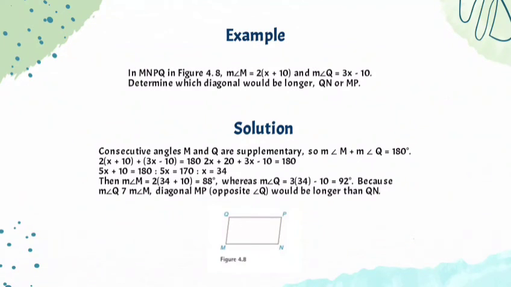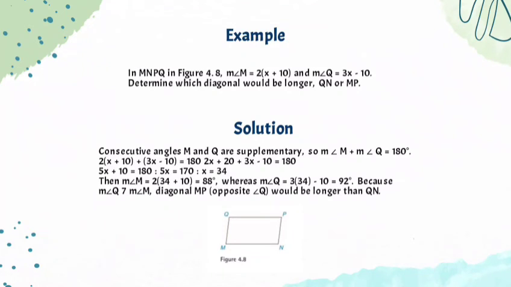Solution: consecutive angles M and Q are supplementary, so the measure of angle M plus the measure of angle Q equals 180 degrees. 2x plus 10 plus 3x minus 10 equals 180. 5x equals 180, so 5x equals 180.